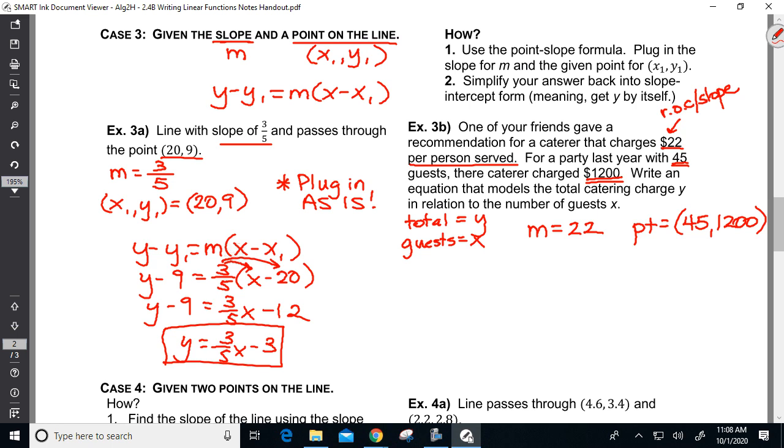So we have extracted the information out of the problem. Any questions before we continue?